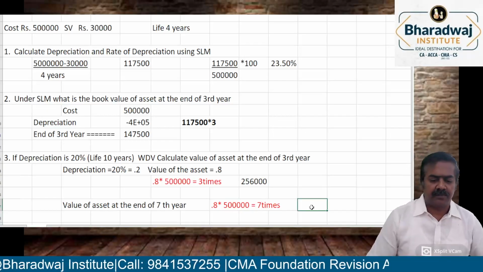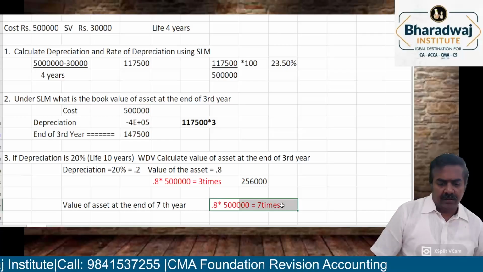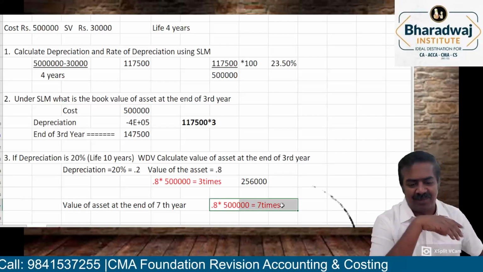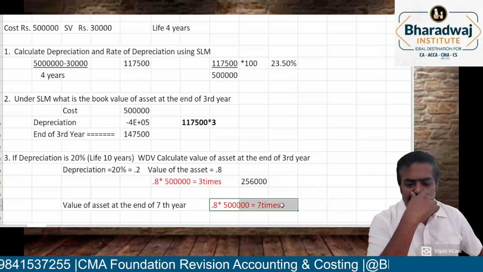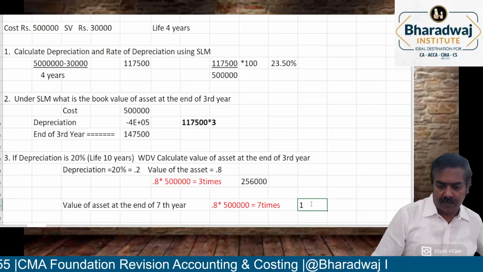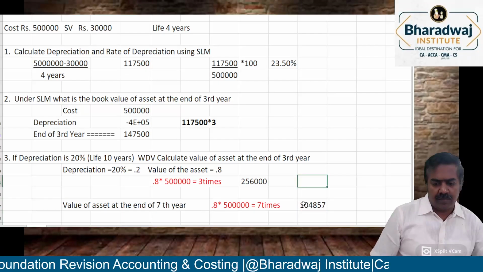How much you get? If it is not working in the calculator, do by normal method or change the calculator. 0.8 into 5 lakhs, press equal to symbol 7 times. How much you get? 1,04,857.6. Okay.